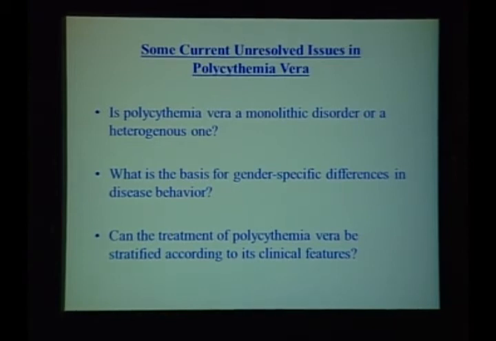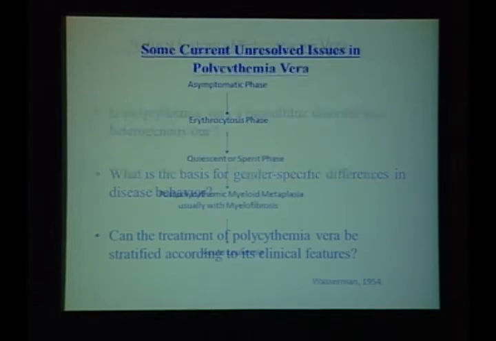Or is this heterogeneous, so that some people are going to have a much different clinical course than others? And this we know is true in primary myelofibrosis, so why shouldn't it be true in polycythemia vera? And we know there are differences between men and women with polycythemia vera. What's the story with that? And finally, what you came to hear, I think, is can we stratify these diseases to see who should get what therapy? So here we go.